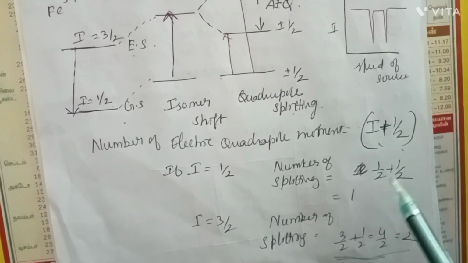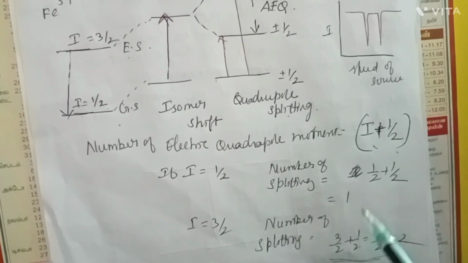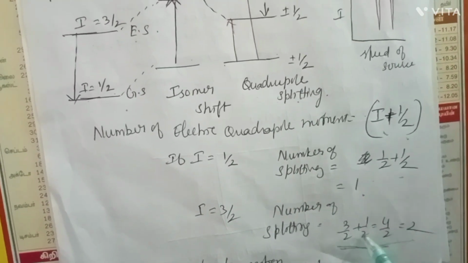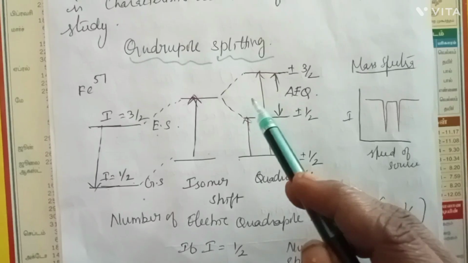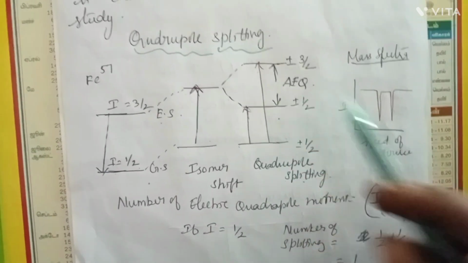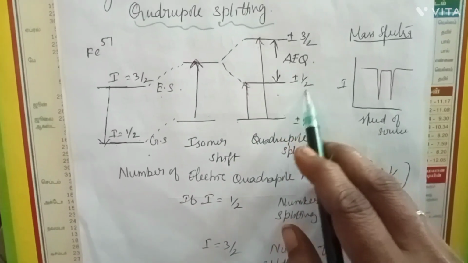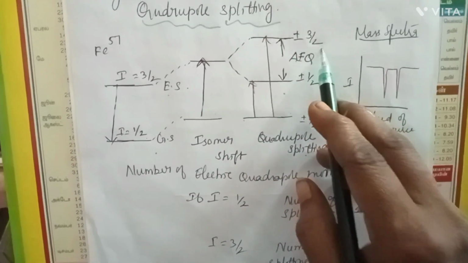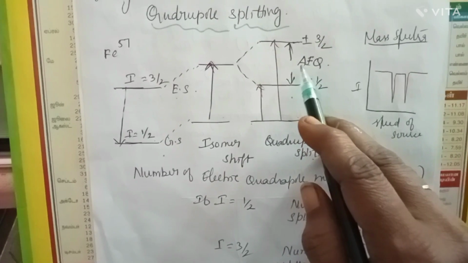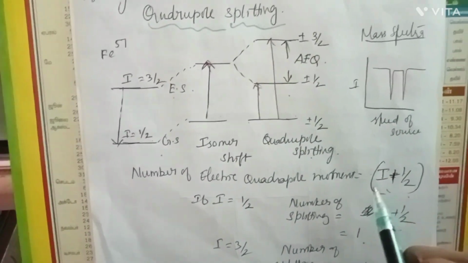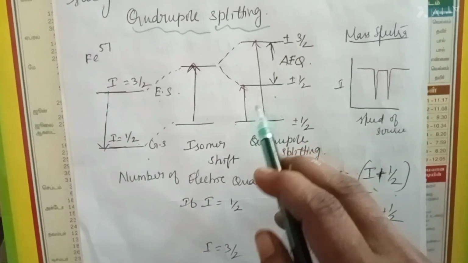For the higher energy state, I is equal to 3/2, so 3/2 plus 1/2 is equal to 4/2, that is equal to 2. So the higher energy level 3/2 splits into 2: plus or minus 3/2 and plus or minus 1/2. The difference in energy level is given by delta EQ, the quadrupole splitting energy.